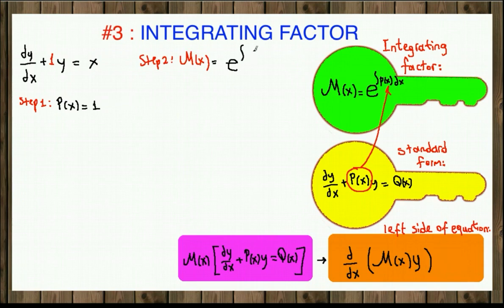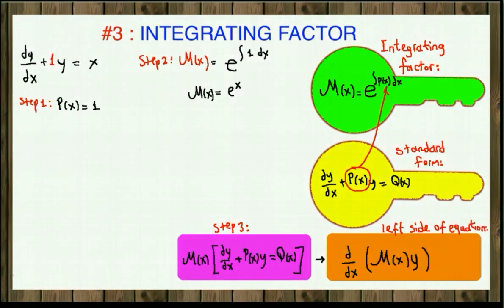Our p of x is 1, so we integrate 1 dx. The integral of 1 with respect to x is x. So our integrating factor is e to the x. Now our step 3. Step 3 is to multiply the whole equation by mu of x. Let's do that.